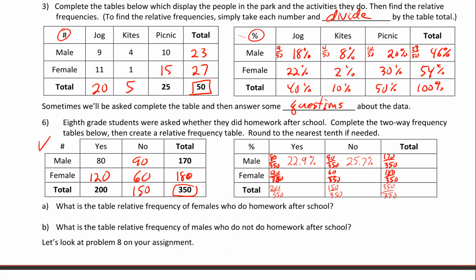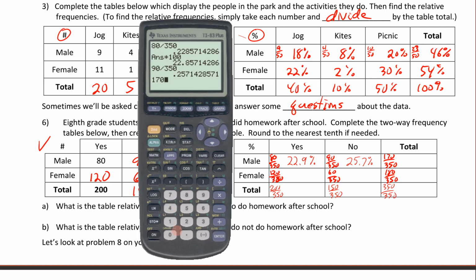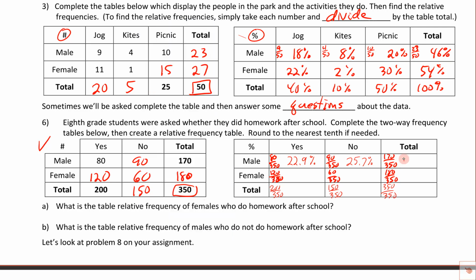The next one is going to be 170 divided by 350, and we end up with, move it over 2 places, 48.57. The 7's enough to bump that up, so this is going to be 48.6. So 48.6%.